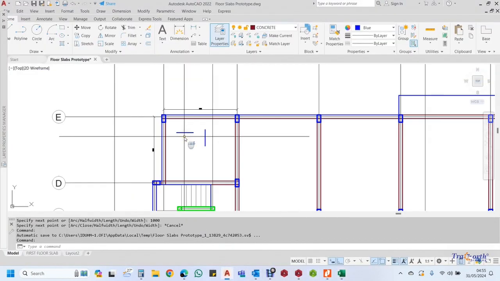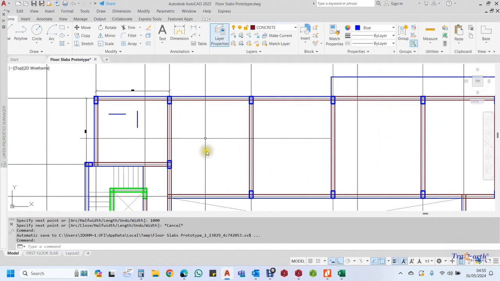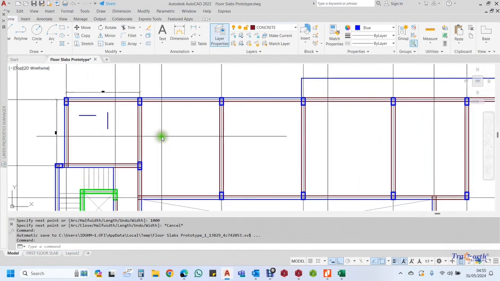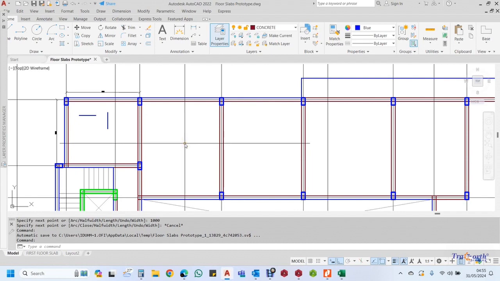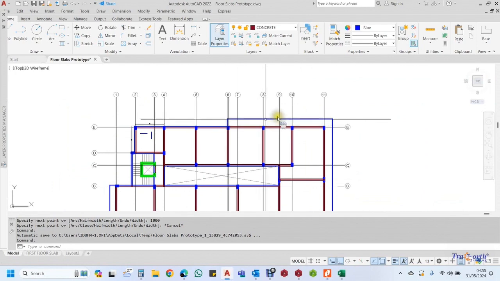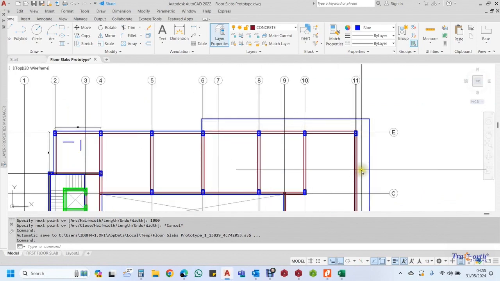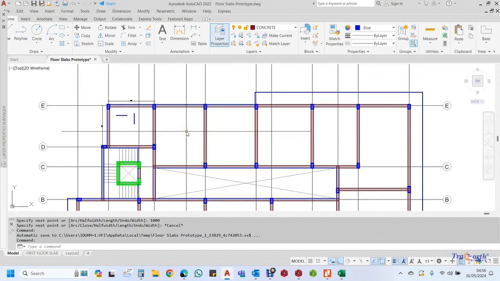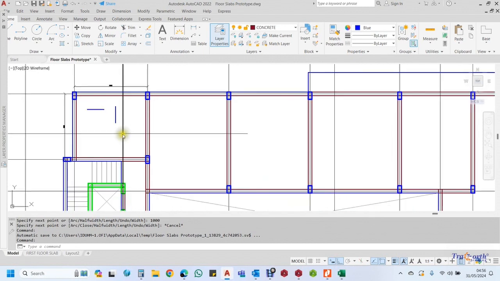I said you must panel all your drawing, all your layout, to see panel 1, panel 2, panel 3, and that will show: is it a one-way slab, is it a two-way slab, then is it a cantilevered slab like what we have here. And then the next thing you are going to be looking at is also the thickness.